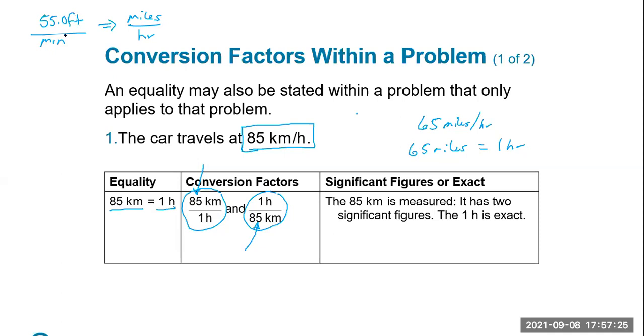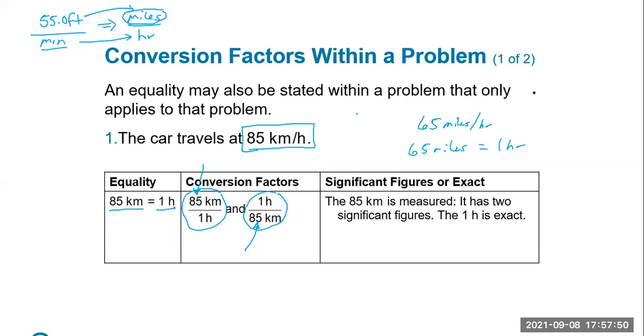If you think of these as really two different problems, the first thing you need to do is take feet to miles, so you end up with miles on top. The second thing you need to do is convert the minutes to hours, and you need to make sure that the hours stay on the bottom. So if we were going to do a conversion like this, we would want some equalities.